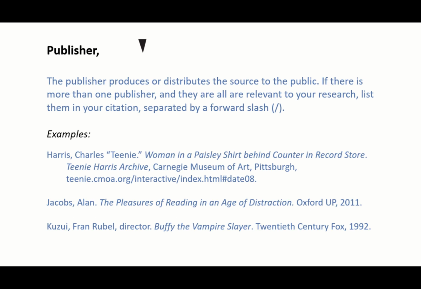Next, let's talk about publisher. So the publisher is who produces or distributes the source to the public. If there is more than one publisher and they are all relevant to your research, list them in your citation separated by a slash. So let's go ahead and take a look at an example.